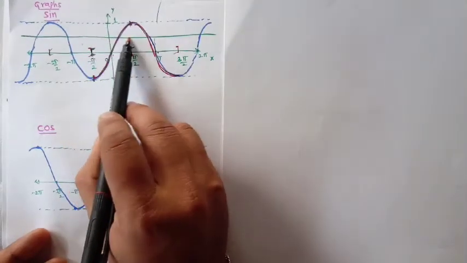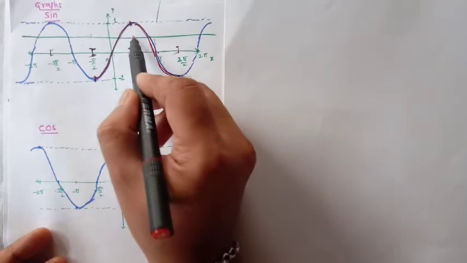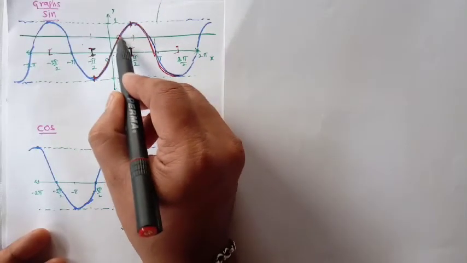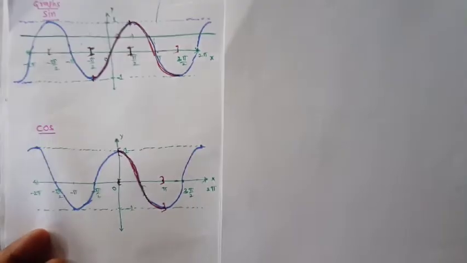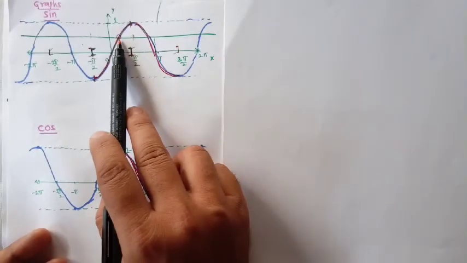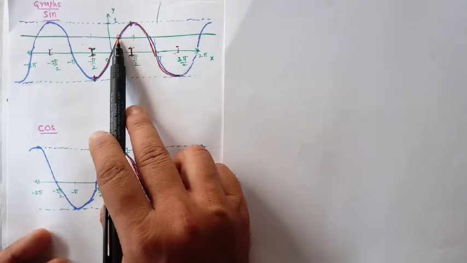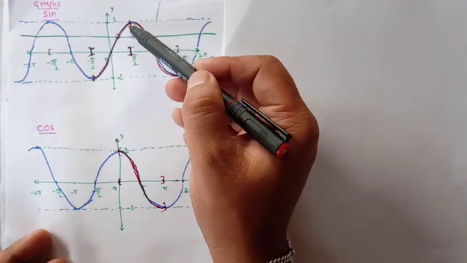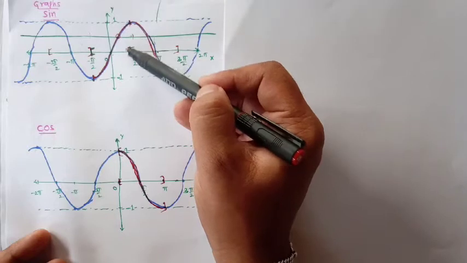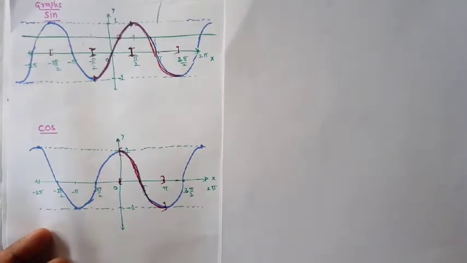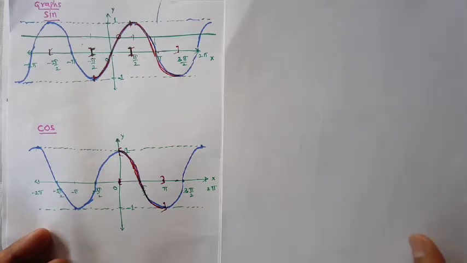And from here to here, if I draw a line, it will intersect in only one place. At the same time, is sine onto or not? For each and every value of y, we are getting one value of x here. So f is going to be 1-1 as well as onto here.